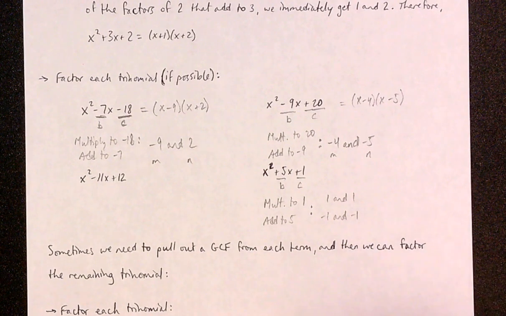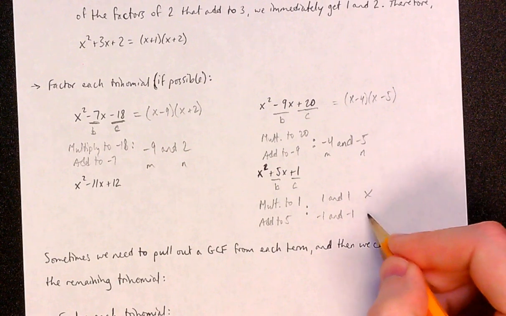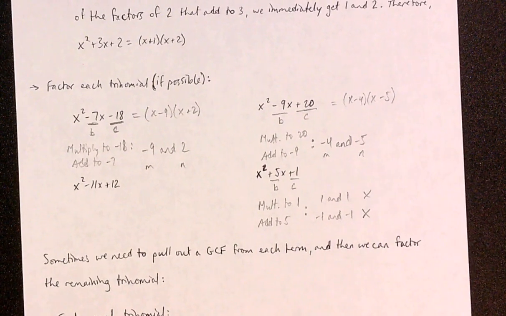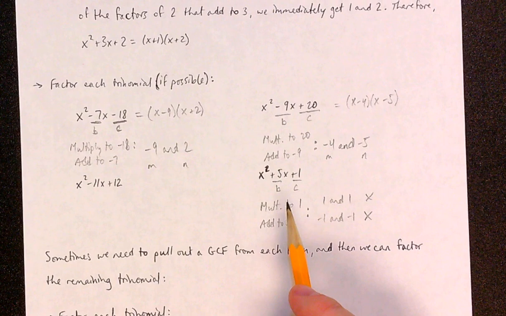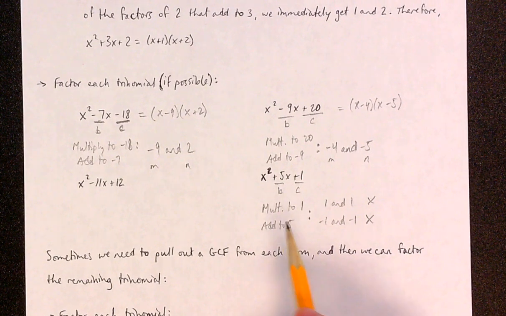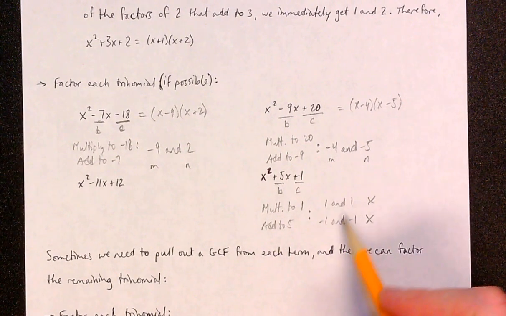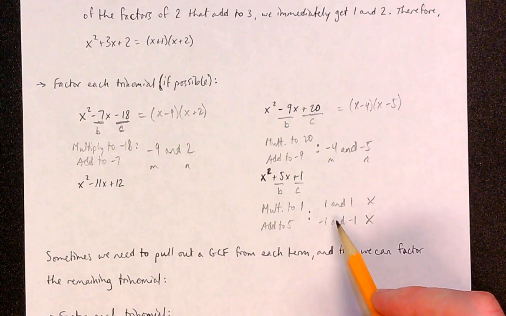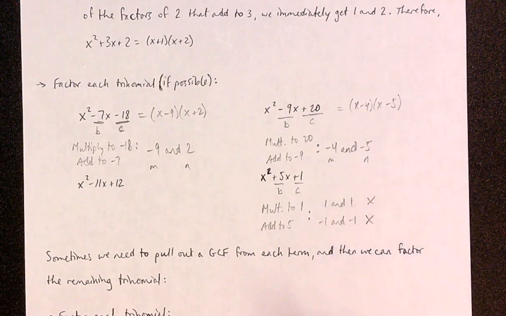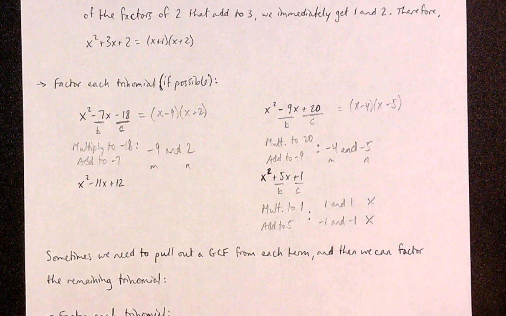So we cannot factor this trinomial using this method. It's not possible. It's not going to work. Our only two possible cases do not work. So sometimes this method doesn't work.